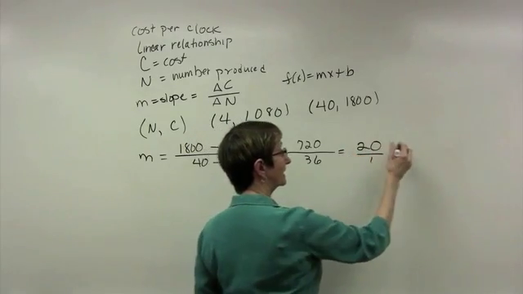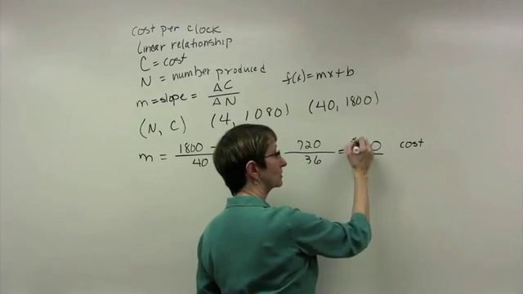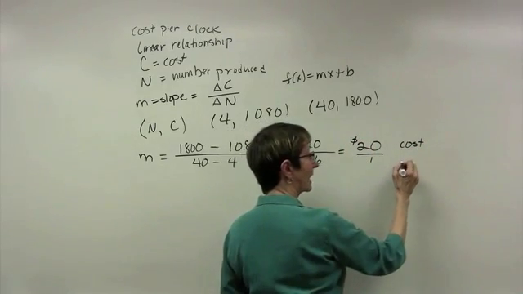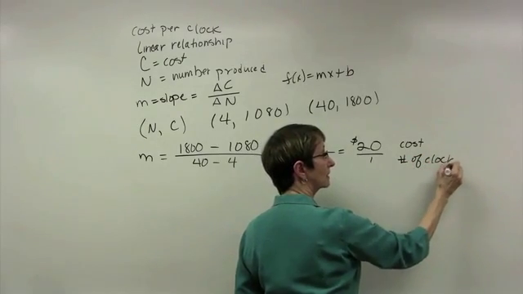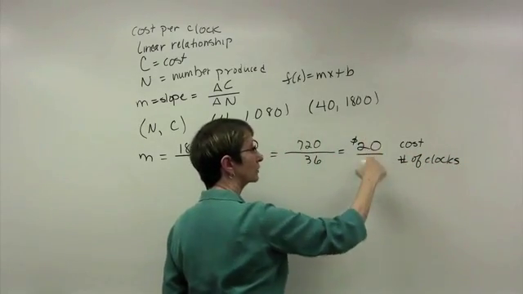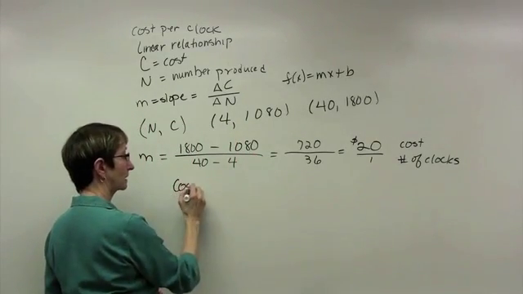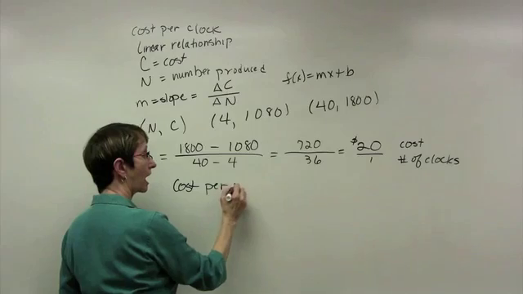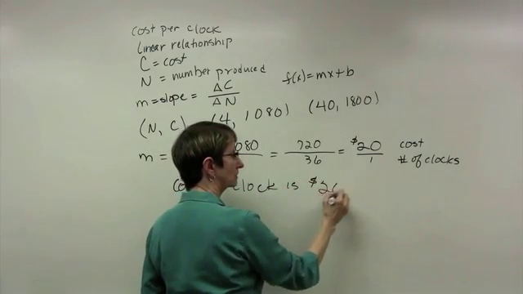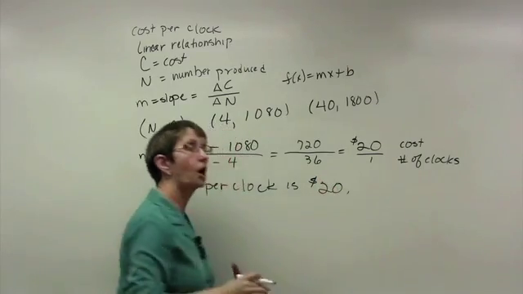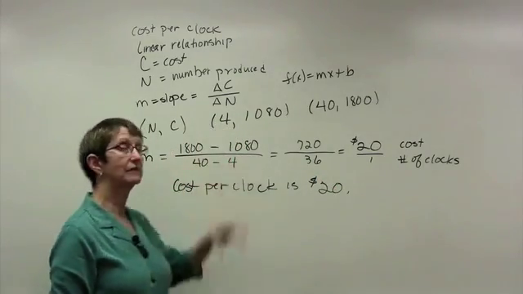Remember that 20 is the cost, so that's $20. 1 is the number of clocks. So this is $20 for 1 clock. So the cost per clock is $20. I don't need to get the whole linear relationship to answer the question. I just need to find the slope.